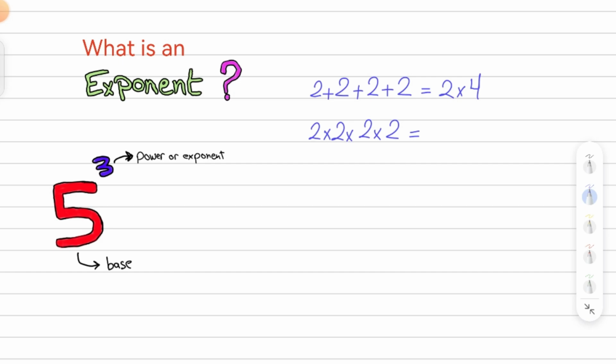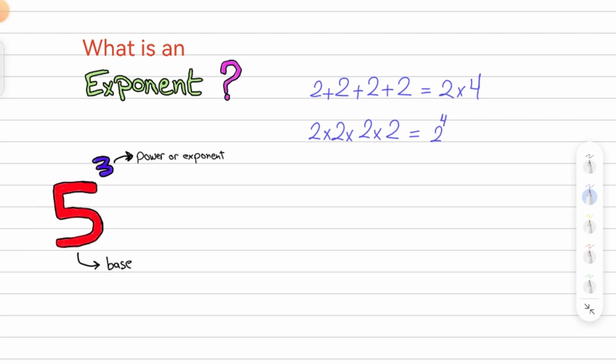So we can write this expression as 2 raised to the 4th power, or we can say 2 to the 4th power. This is the exponent formula. It contains the base and the power.